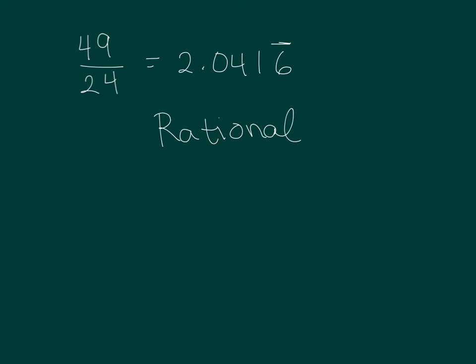If I were asked to order the negative square root of 1.44 and negative 0.35 and 1/5, okay, I could do this fairly easily because I have some kind of number sense.